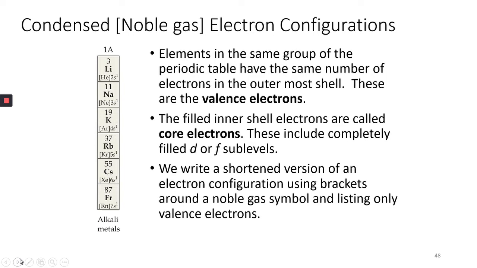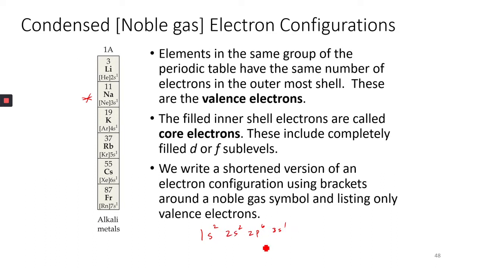Now, writing electron configuration, as we get to some of our larger atoms, it gets to be very, very long. So there is a shortcut method, the noble gas notation, which helps reduce the amount of things that you're writing. So if we take sodium, sodium has 11 electrons, so it's 1s2, 2s2, 2p6, 3s1. Add these up, that's 11, right?